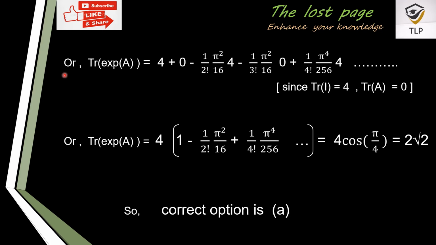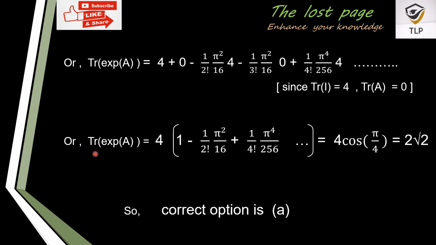Now since trace of I equals 4 and trace of A equals 0, trace of exponential A will be 4 plus 0 minus 1 by factorial 2 into pi square by 16 into 4 minus 1 by factorial 3 into pi square by 16 into 0 plus 1 by factorial 4 into pi to the power 4 by 256 into 4 plus dot dot dot.